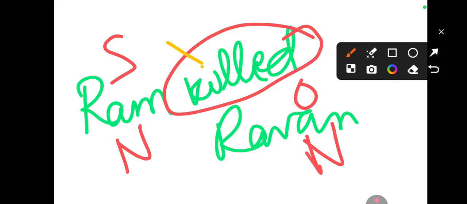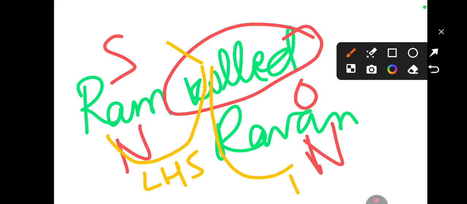So this is the left hand side of the verb and this is the right hand side of the verb. The noun on the right hand side of the verb is called object and on the left hand side of the verb is called subject, right? So that is the difference.